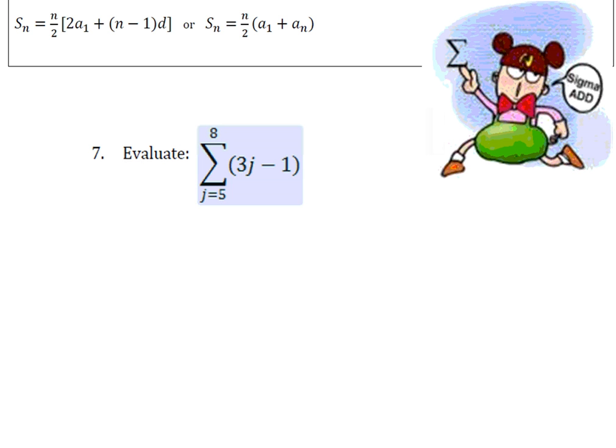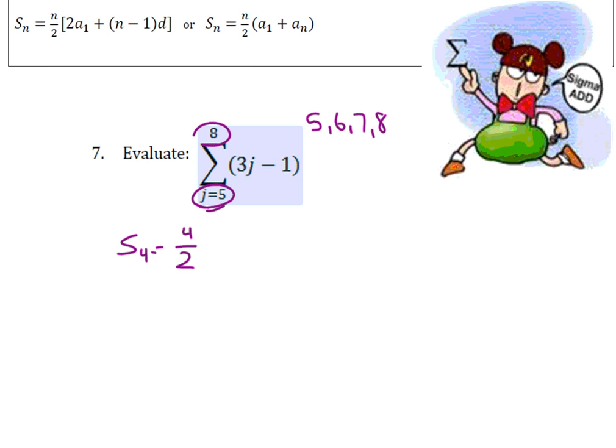So if I look at this, j starts at 5 and ends at 8. So I start at 5, I go to 8. That's 5, 6, 7, 8. That's 4 terms. Okay, so the sum of those 4 terms is going to be 4 divided by 2.